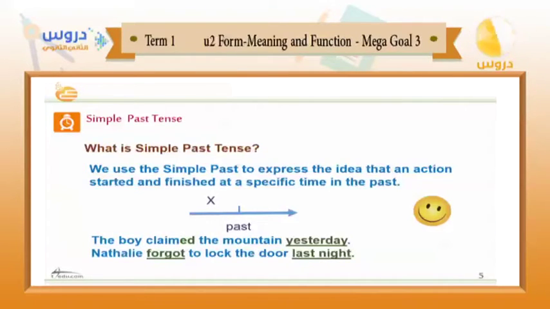The boy climbed the mountain yesterday. Climbed. Look, ed. With the past we usually use ed. But sometimes we have irregular verbs, like forget. The past of forget is forgot. Nathali forgot to lock the door last night.